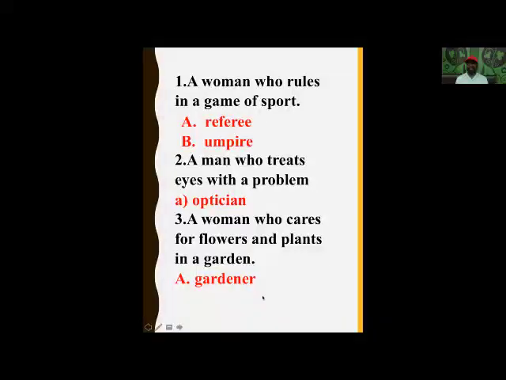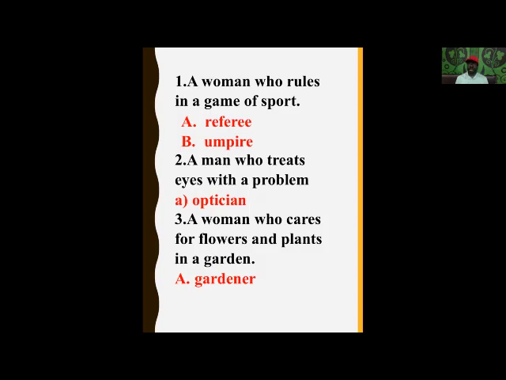Okay. Practice. Number 1. A woman who rules in a game of sport is called a referee. A referee or umpire. It is the same. It can be a referee or an umpire. It can be a man or a woman. We are going to practice.